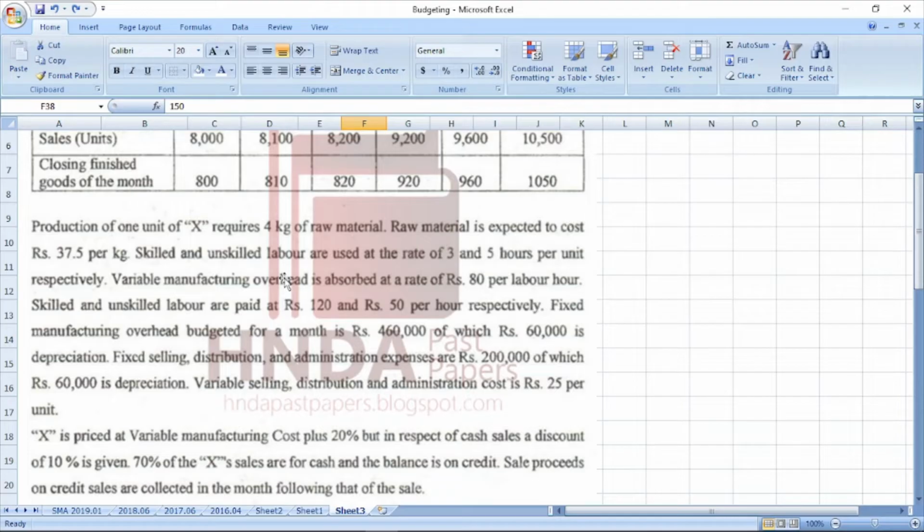Next, they say skilled and unskilled labor. Direct labor is used at the rate of 3 and 5 hours per unit. Skilled 3 hours and unskilled 5 hours per unit. And skilled and unskilled labor are paid 120 and 50 per hour: 120 for skilled and 50 for unskilled.